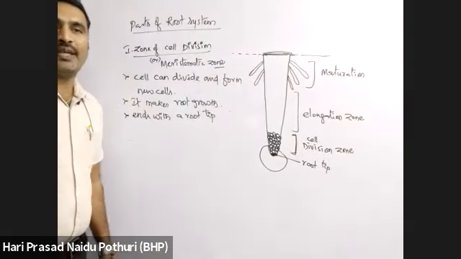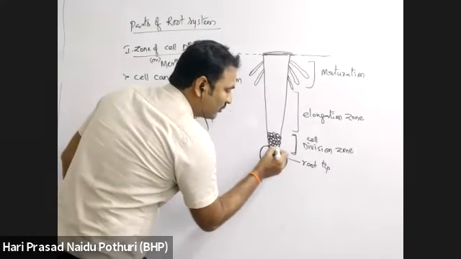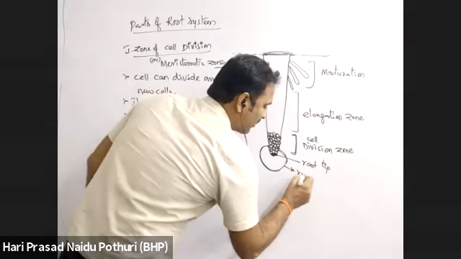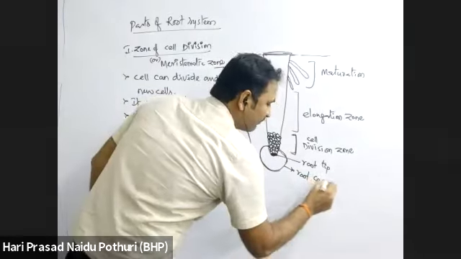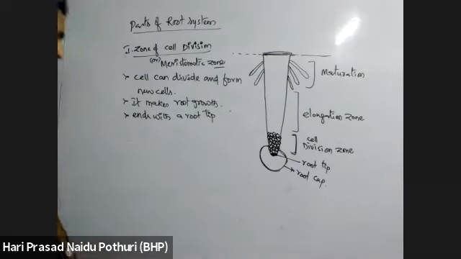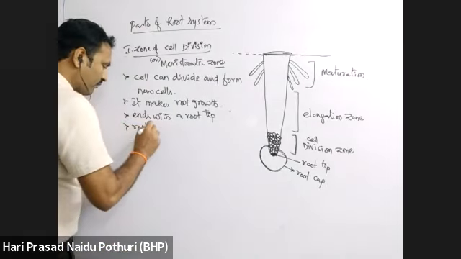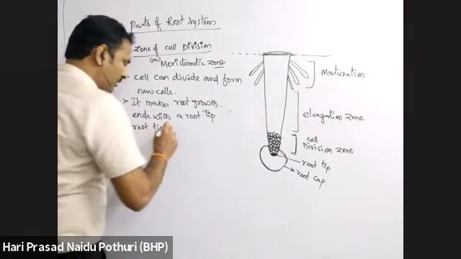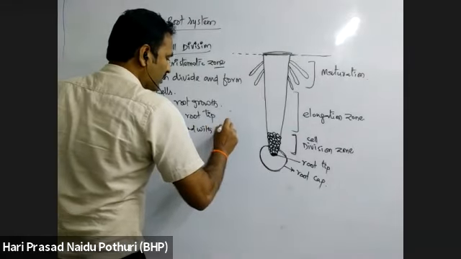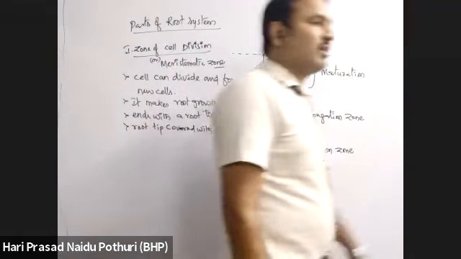That root tip in every root is covered by a protective layer called the root cap. Root tip is covered with a root cap. What is the root cap's function?